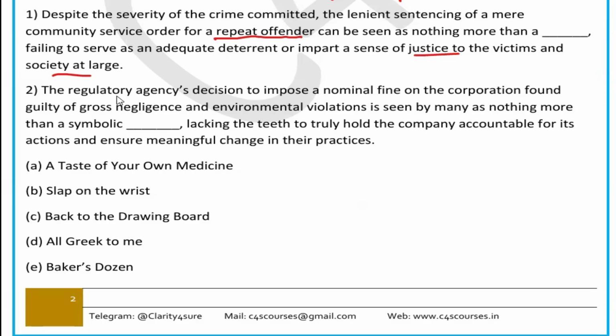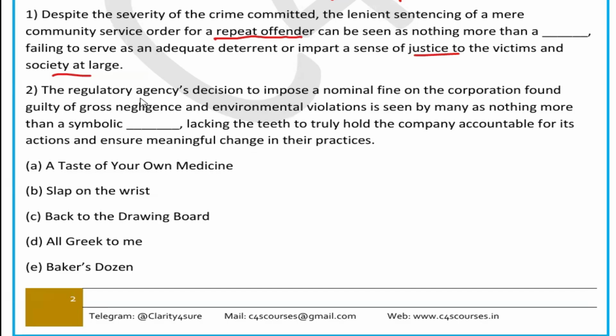So next, the regulatory agency's decision to impose a nominal fee on the corporation found guilty of gross negligence and environmental violations is seen by many as nothing more than a symbolic dash, lacking the teeth to truly hold the company accountable for its actions and ensure meaningful change in their practices.